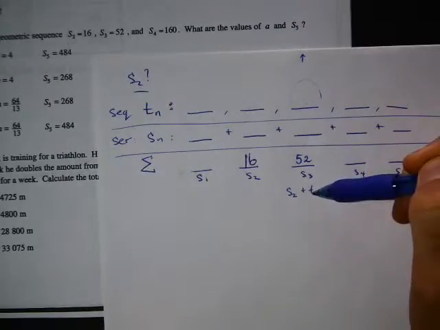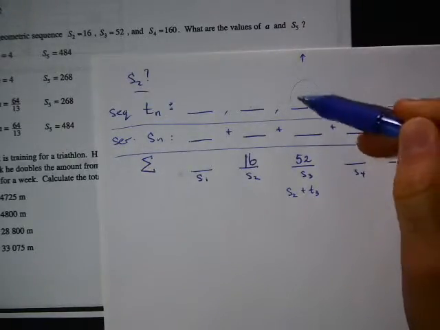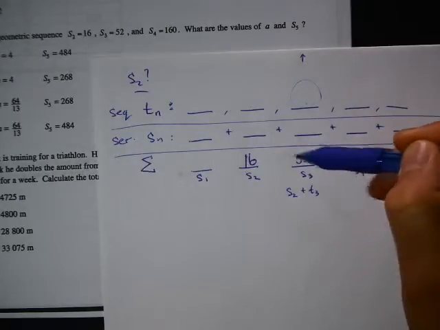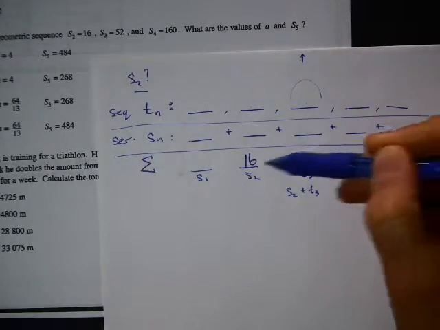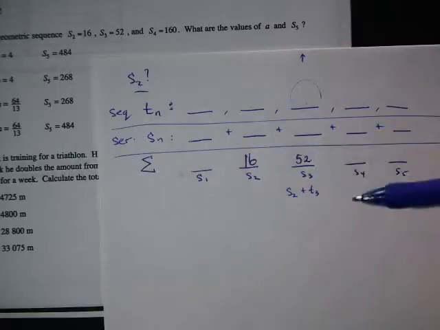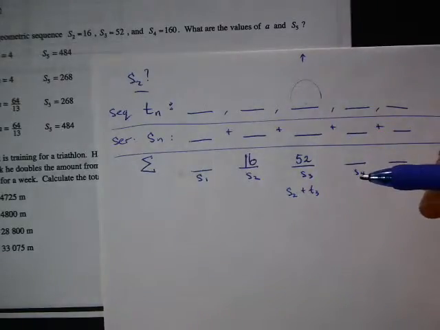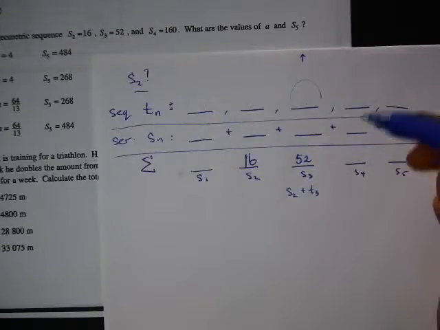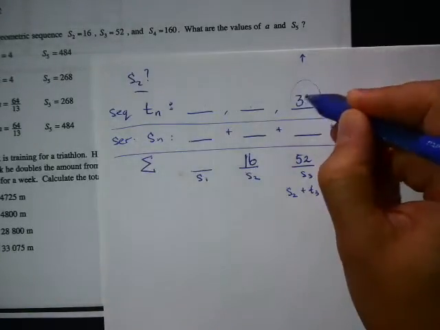So can we find what the difference is between these two numbers? What's 52 take away 16? Just on your calculators, I think it's 36. And that's what this third spot is.